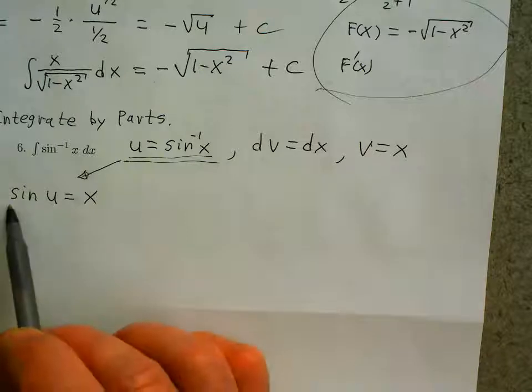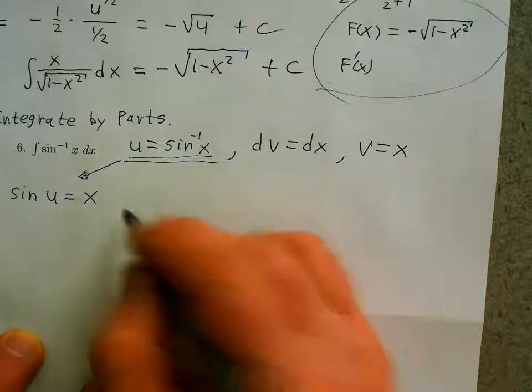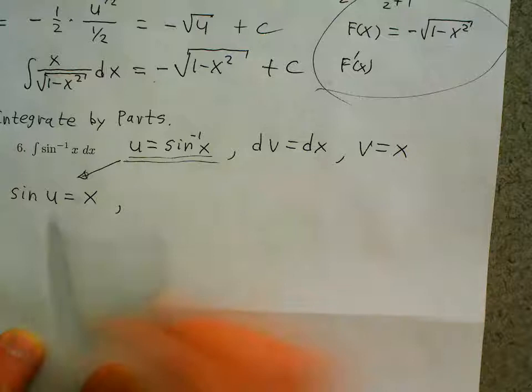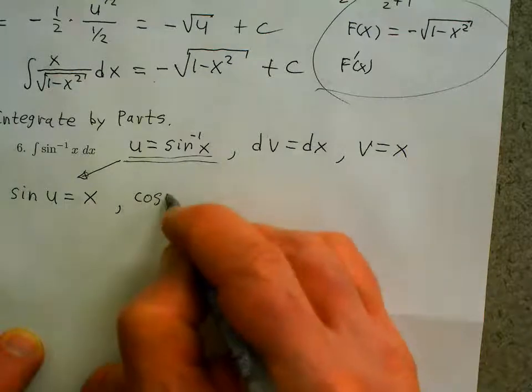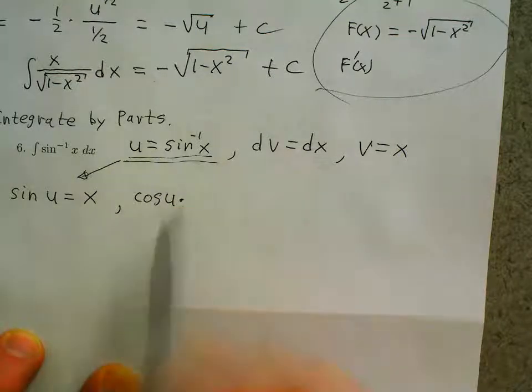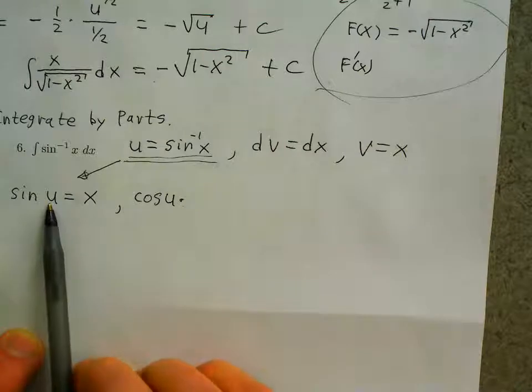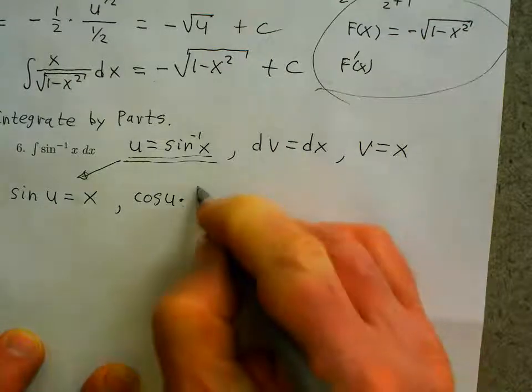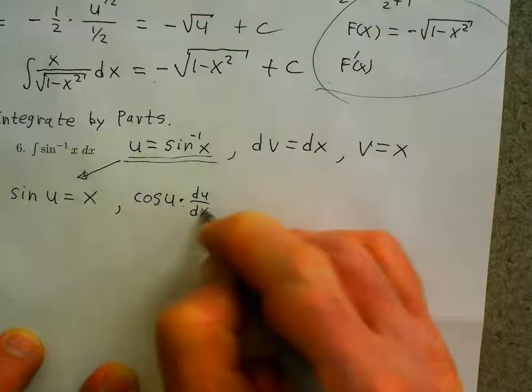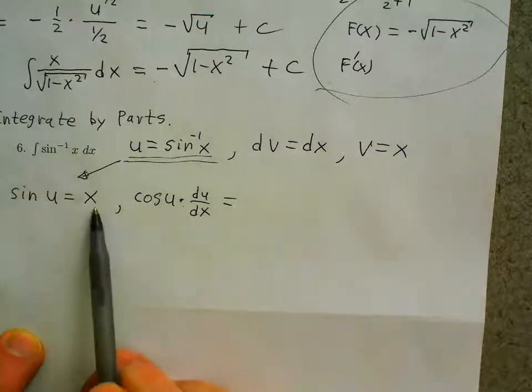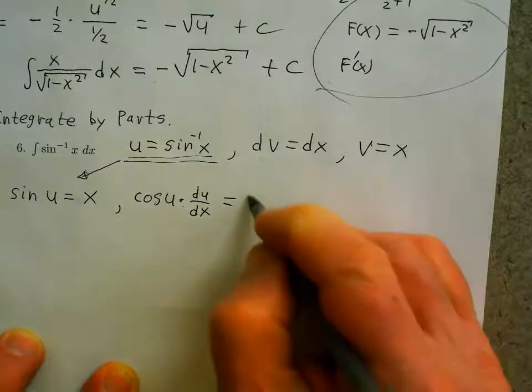The derivative of the outside function, the derivative of sine of u, is cosine of u. Then we multiply that by the derivative of u, that's the inside function, so du dx. We differentiate the right-hand side with respect to x, which is just 1.